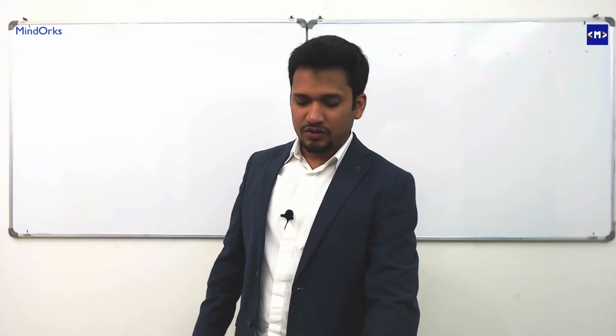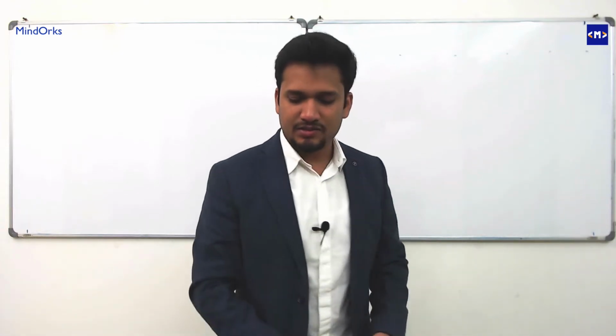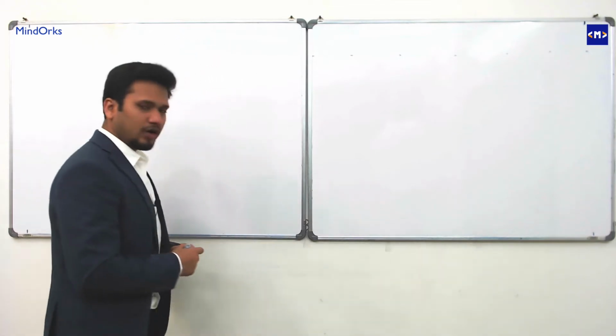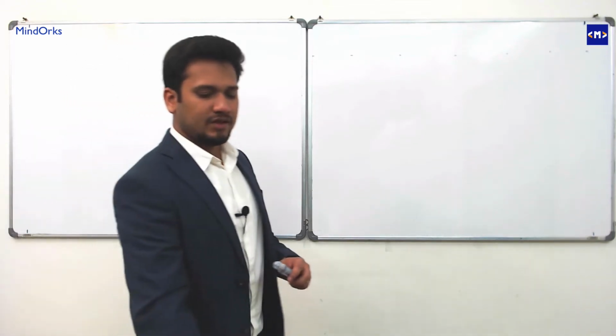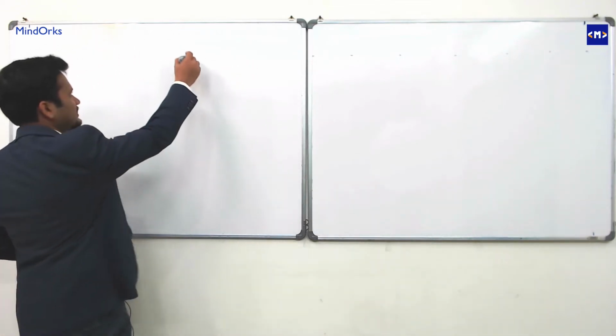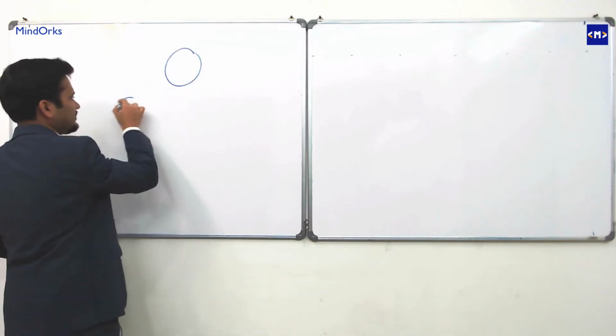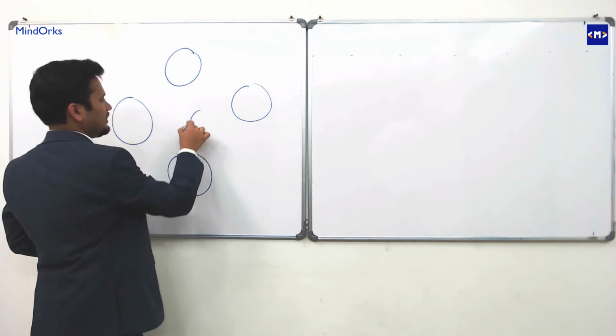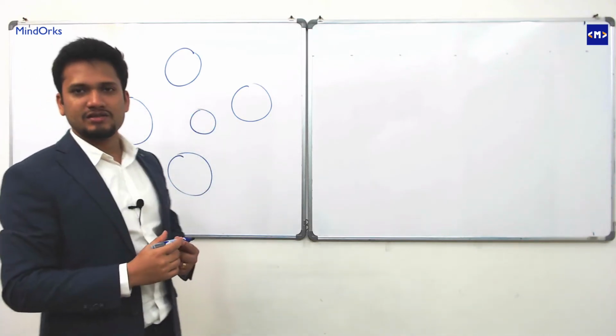First I will discuss some trivial points. For example, what is the internet? I can draw it like this. In the internet, we have various networks.